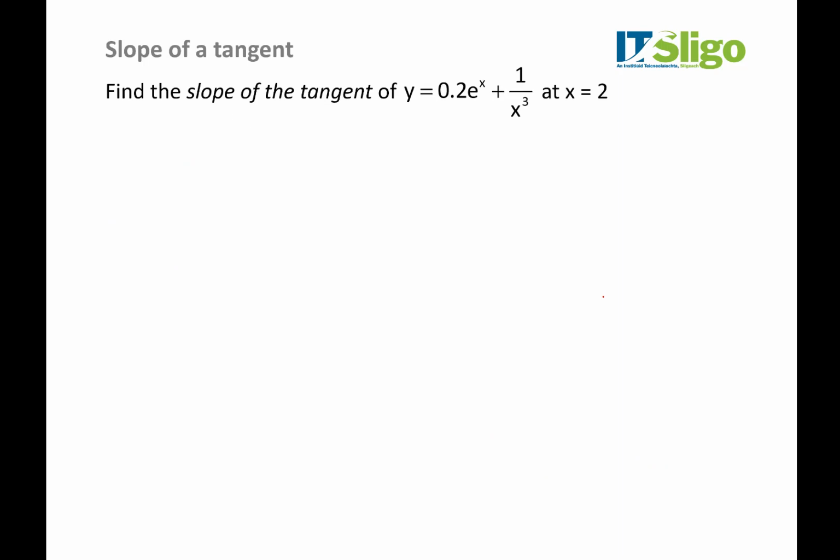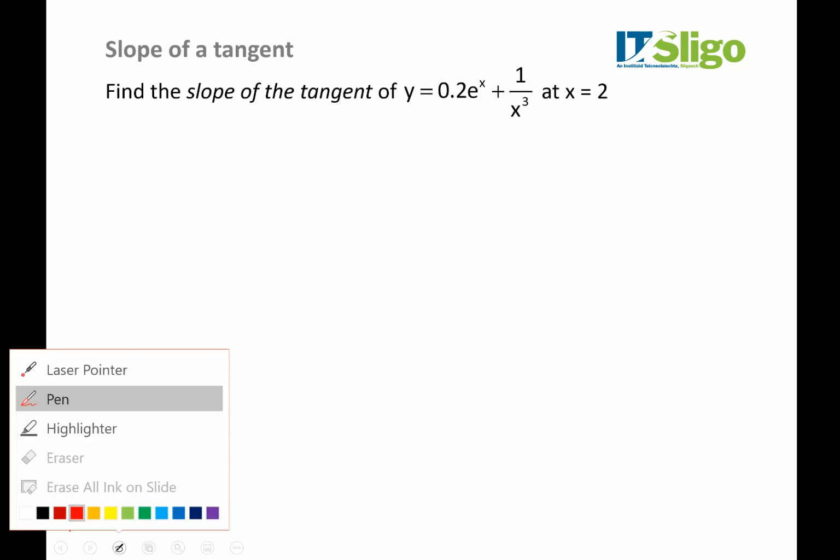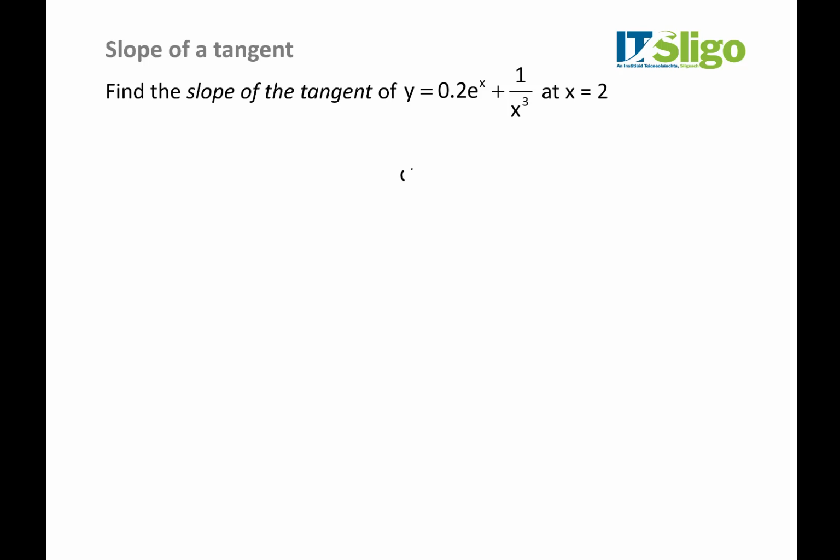Find the slope of this tangent. So when we work this out, remember, dy dx. This will be, I'll do that in black, y is equal to 0.2 e to the power of x plus x to the power of minus 3.